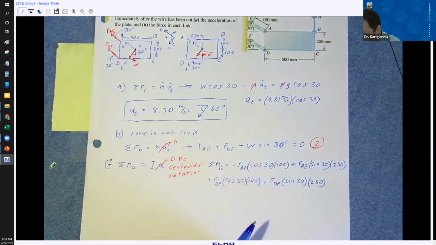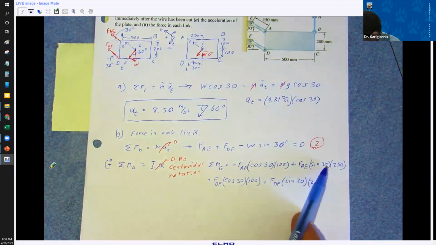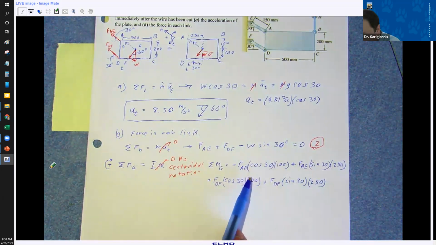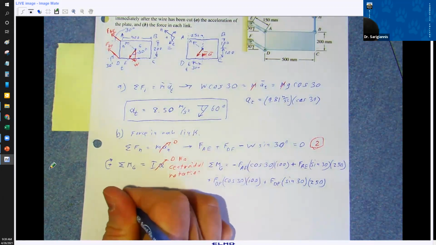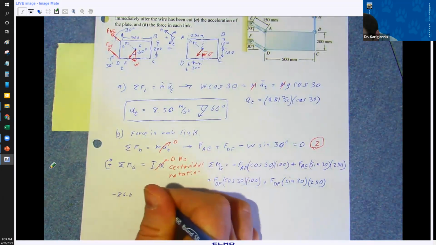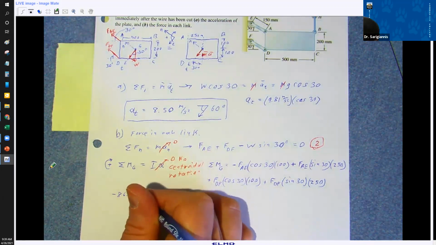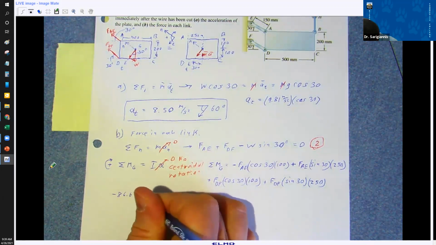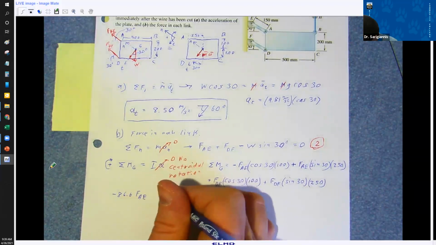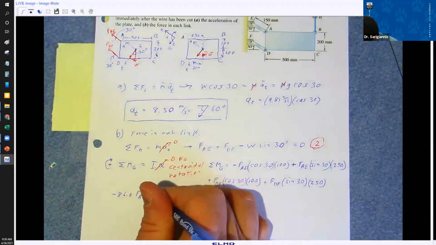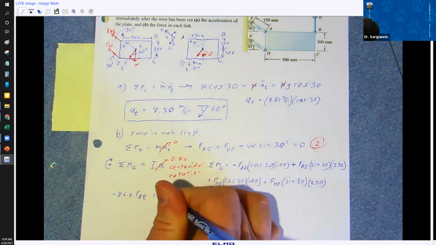So now we have an equation that we can lump together here. If you take the cosine of 30 times 100 and the sine 30 of 250, you wind up with some numbers. Let's write this all out. We've got minus 86.6 FAE plus 125 FAE.